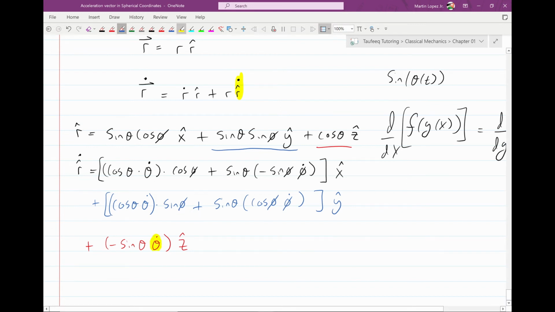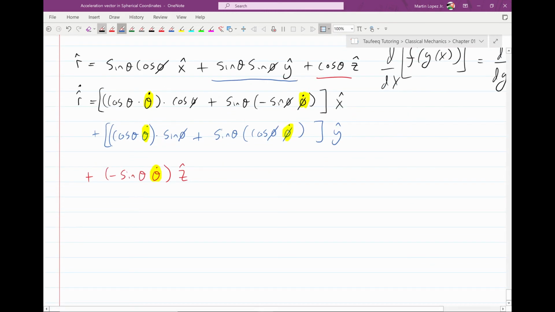And we just need to group like terms. So how are we going to group them? We're going to group them by common factors. So all of these terms right here have a common factor of theta dot, and these two terms right here have a common factor of phi dot. So let's group those together. We have r hat dot is equal to, or let me take this one on the outside.